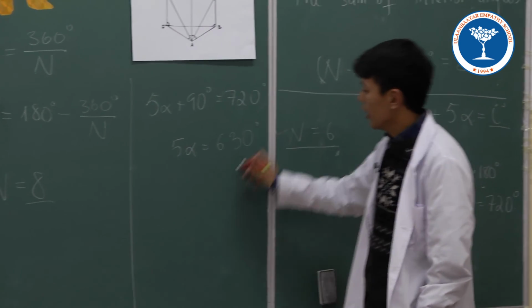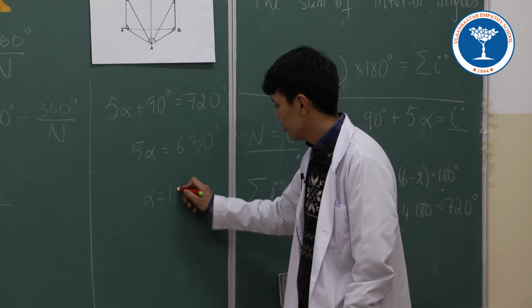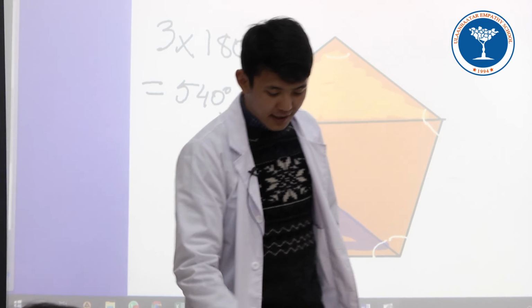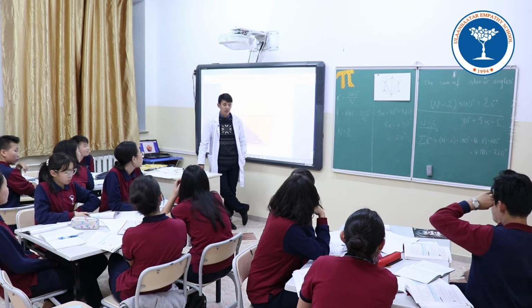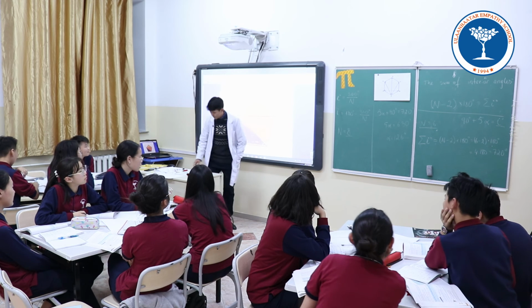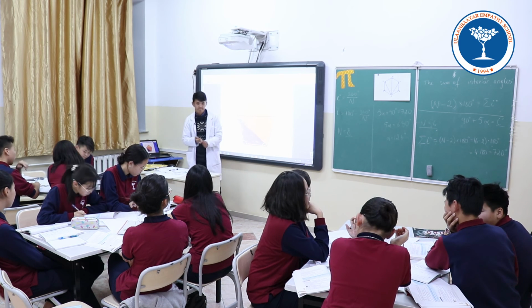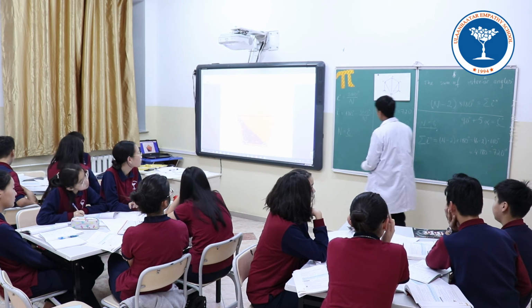If you divide it by 5, you will get 126. So, one angle is 90 degrees, and the other 5 are each 126. Now, let's summarize our lesson. We are getting to the end.